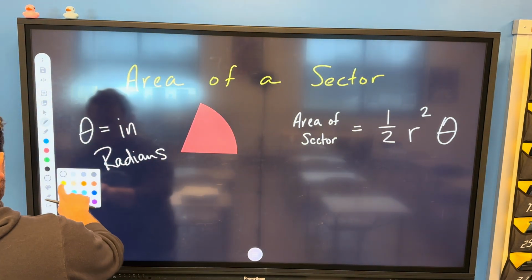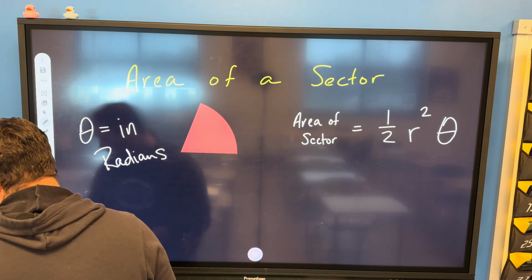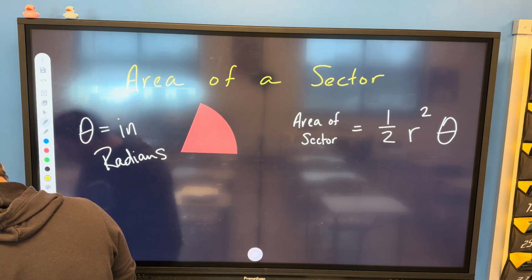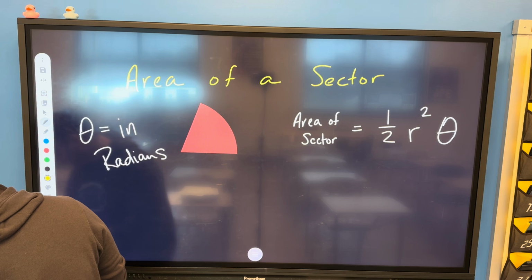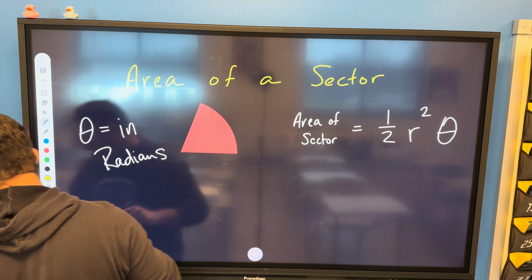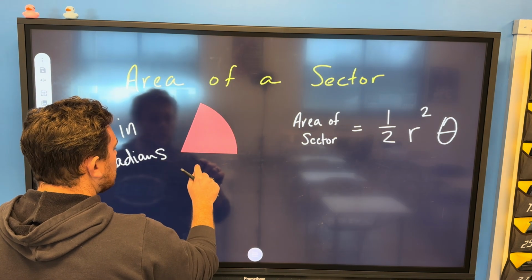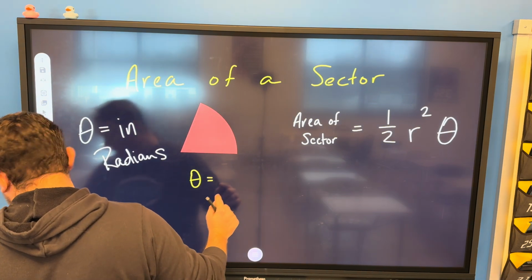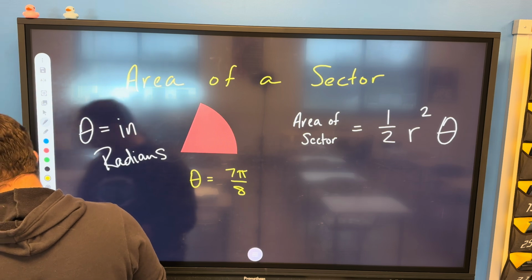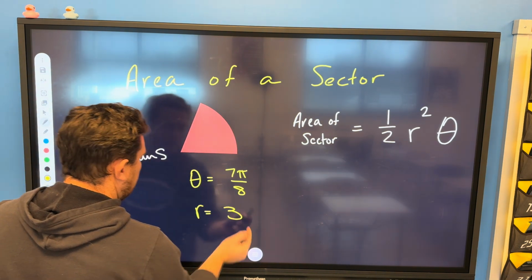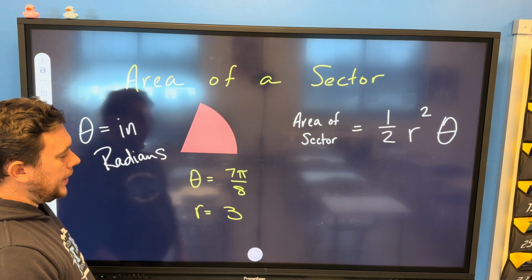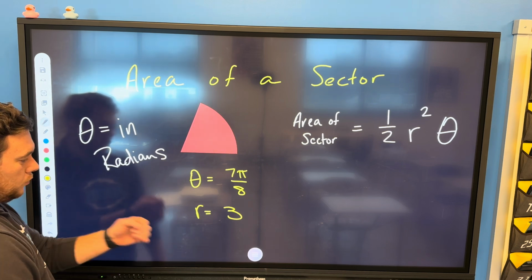All right, so here comes an example. The sector's central angle is 7 pi over 8, and it has a radius of 3. So our measure is given in radians, 7 pi over 8, and the radius is 3.